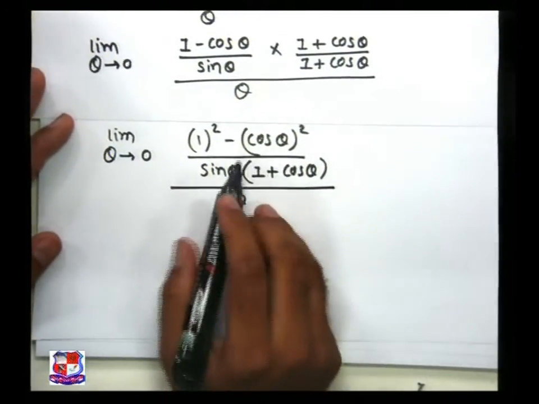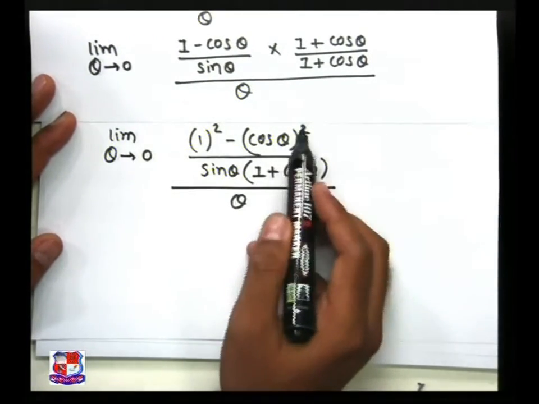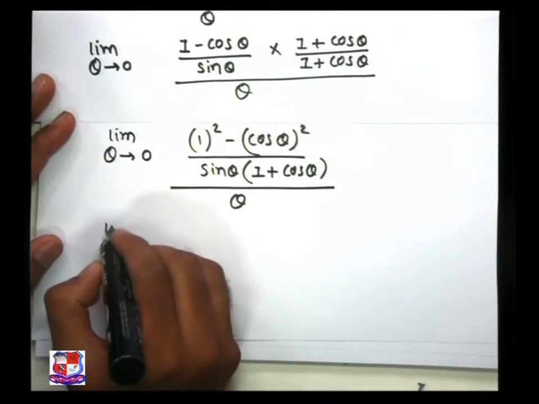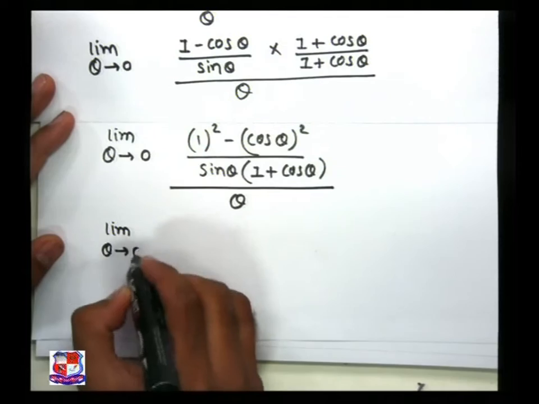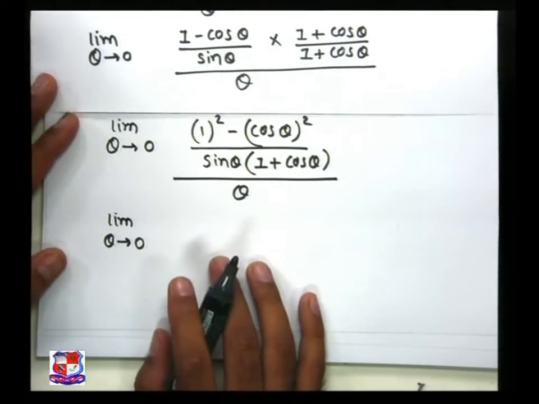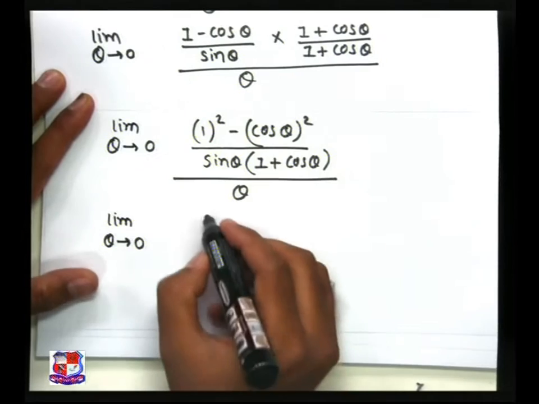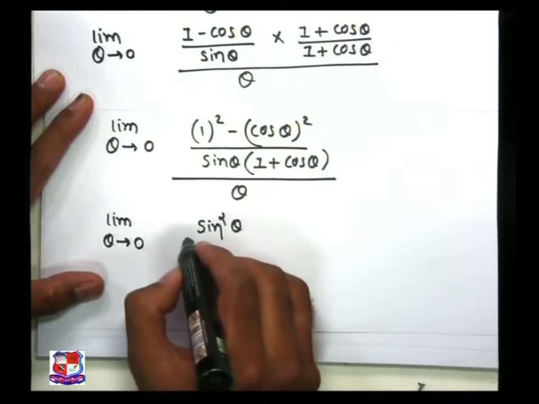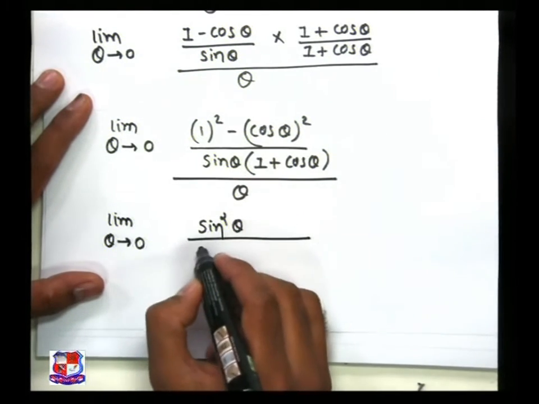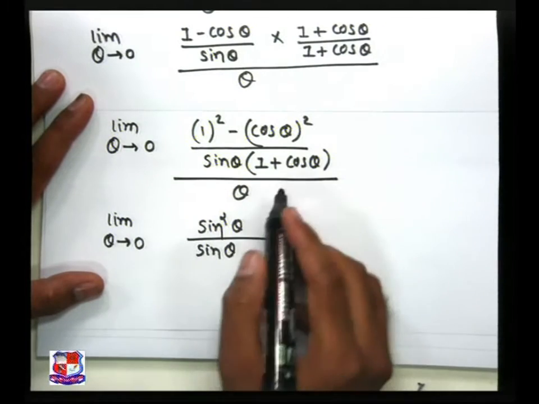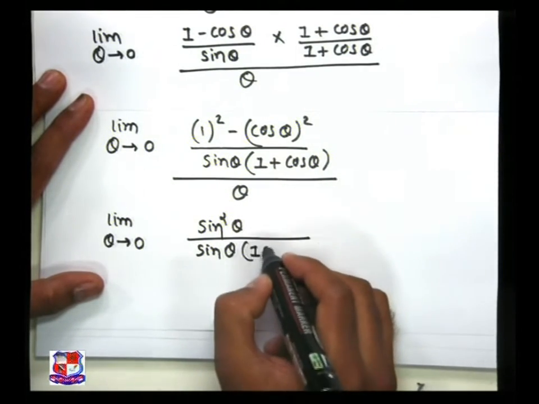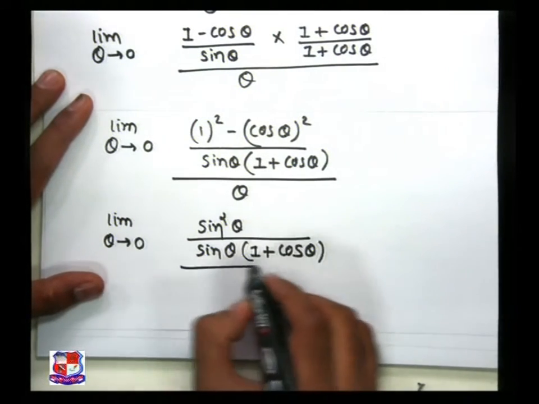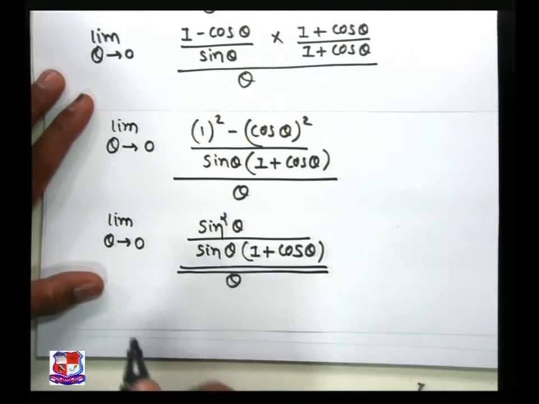Just remember again the second formula: 1 minus cos square theta is nothing but sin square theta. So we simplify our numerator again: limit theta tends to 0, 1 minus cos square theta, which we call sin square theta, a very basic trigonometry formula, divided by sin theta multiplied by 1 plus cos theta, all divided by theta.